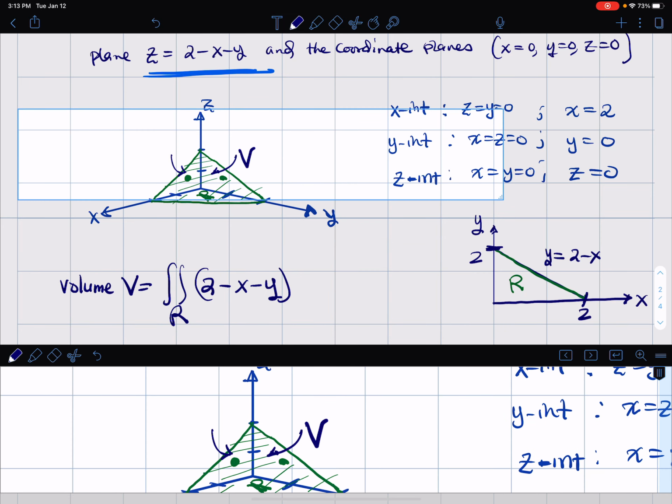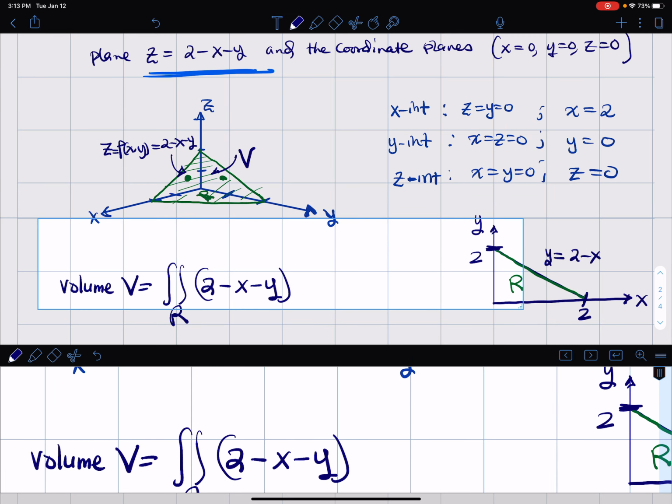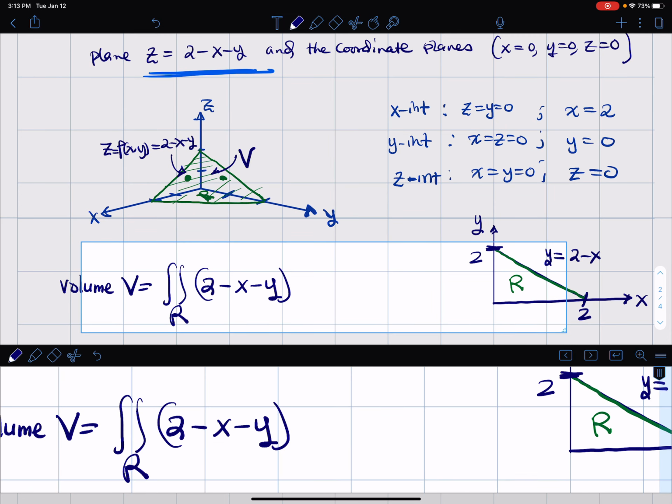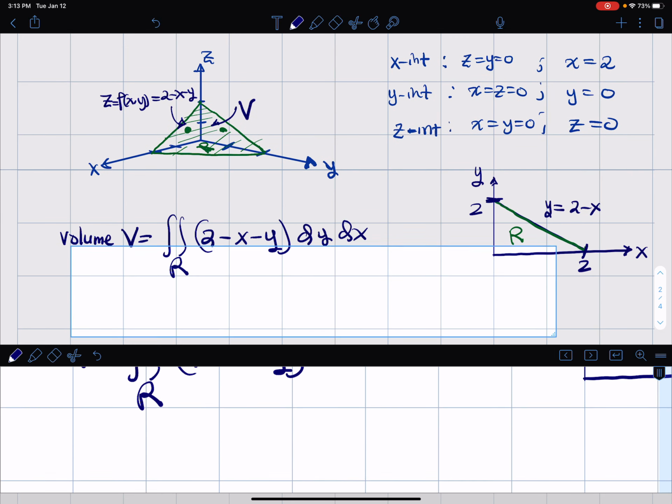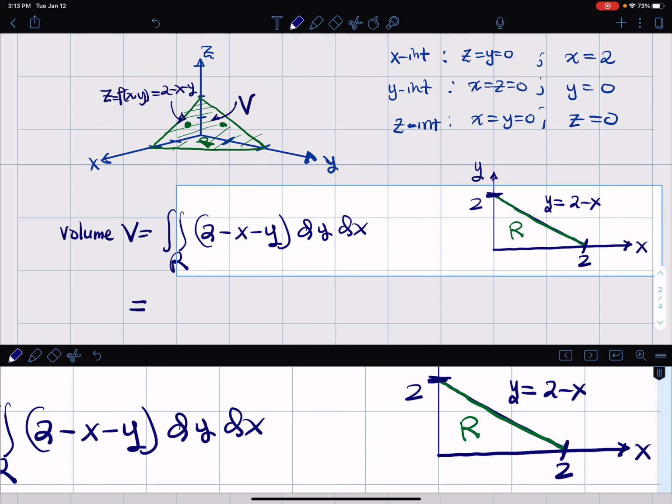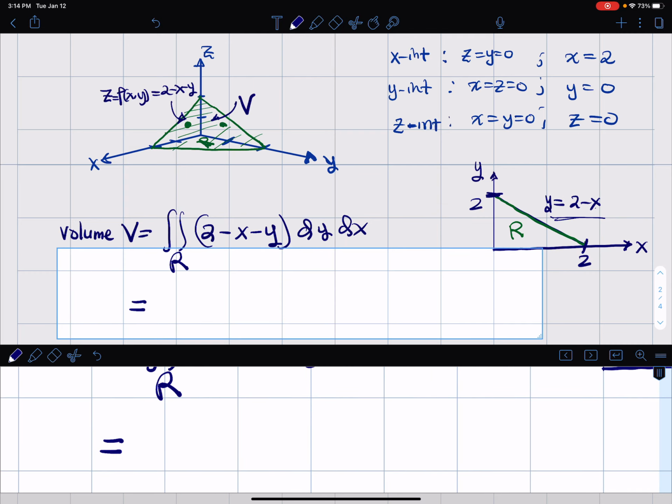Z is a function of xy, and it's 2 minus x minus y. All right. So we can do dy, dx. We could also do dx first, but not really this time, unless we rewrite our function, x as a function of y. Here, we can rewrite it as x is equal to 2 minus y. But let's just do dy first.